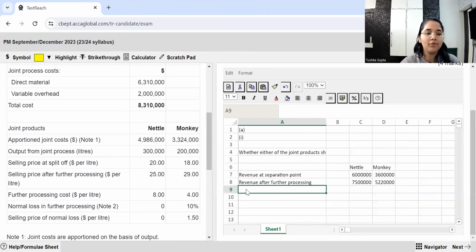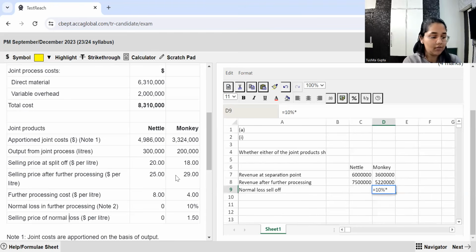Then I will also be able to sell off this normal loss that I will incur. So normal loss sell off will be equal to 10% of 200,000 multiplied by 1.5, which is the price that we are getting per liter.